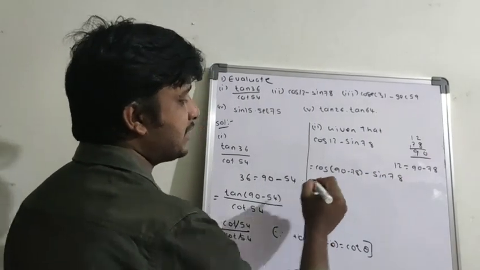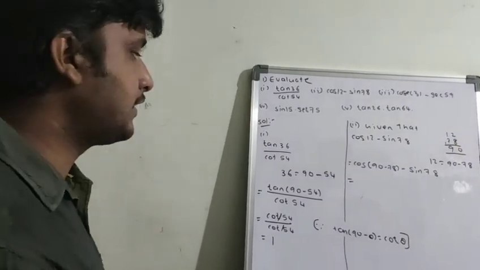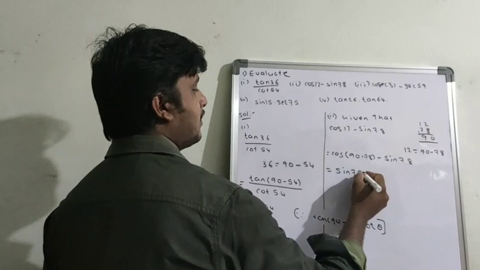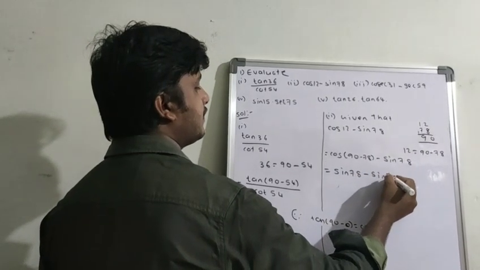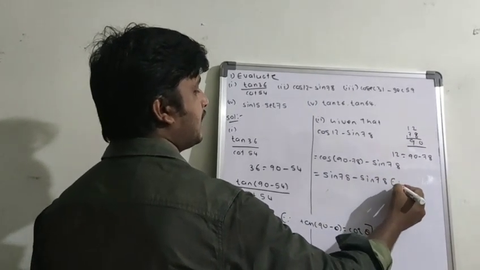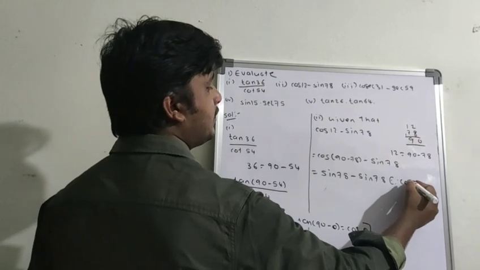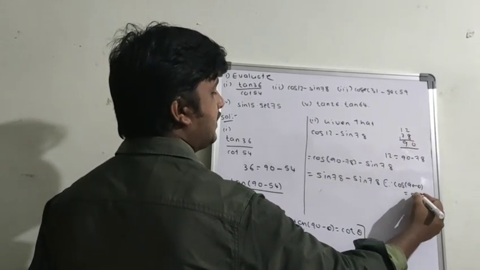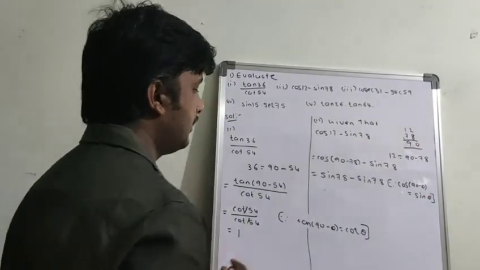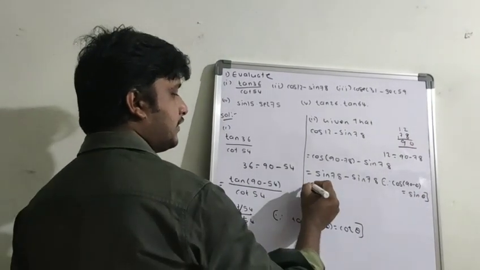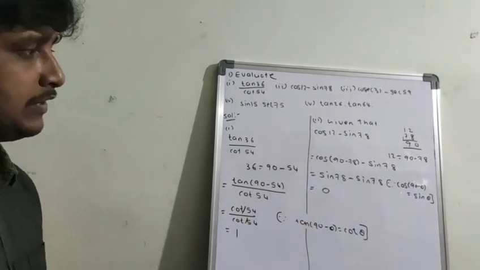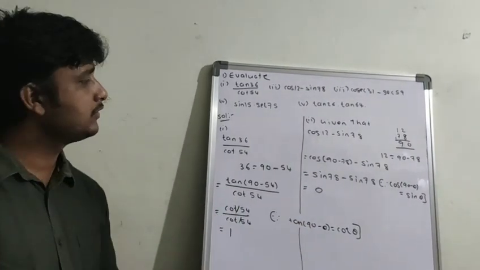We know cos(90 minus theta) equals sin theta, so this is sin 78 minus sin 78, and you will get 0. This is the way you have to do these questions.